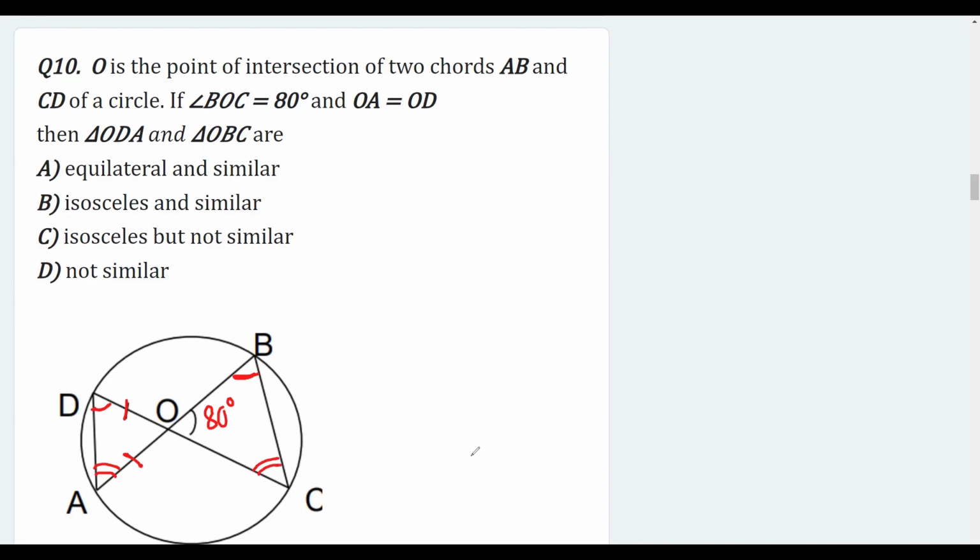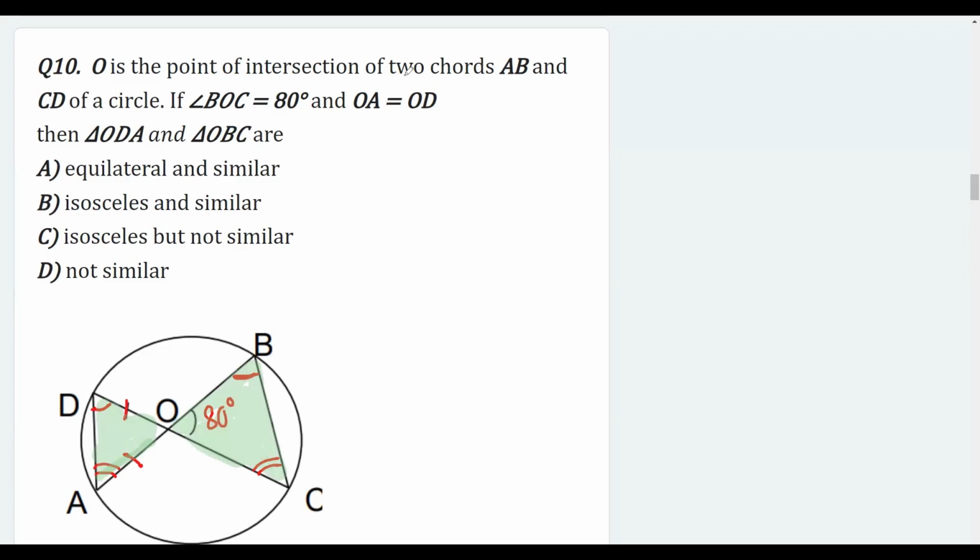So these two angles are equal. So one thing is very clear now, that these two triangles are similar, by AA similarity criteria.